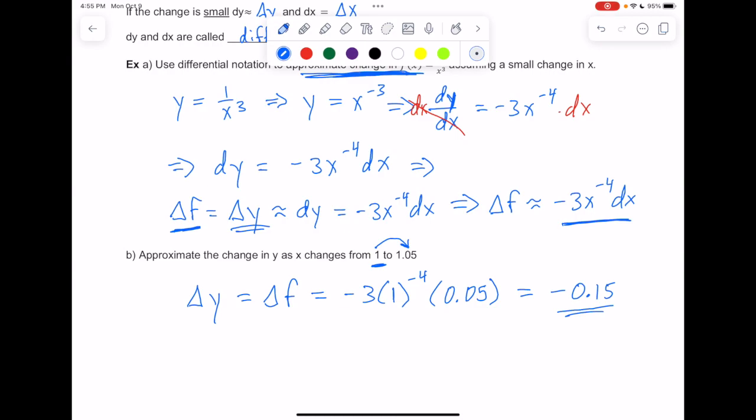So differentials can help us to approximate the change in the output variable by taking the derivative times the change in the input variable, where we plug the nice starting point into our derivative and we plug the change in the input variable in place of the dx portion.